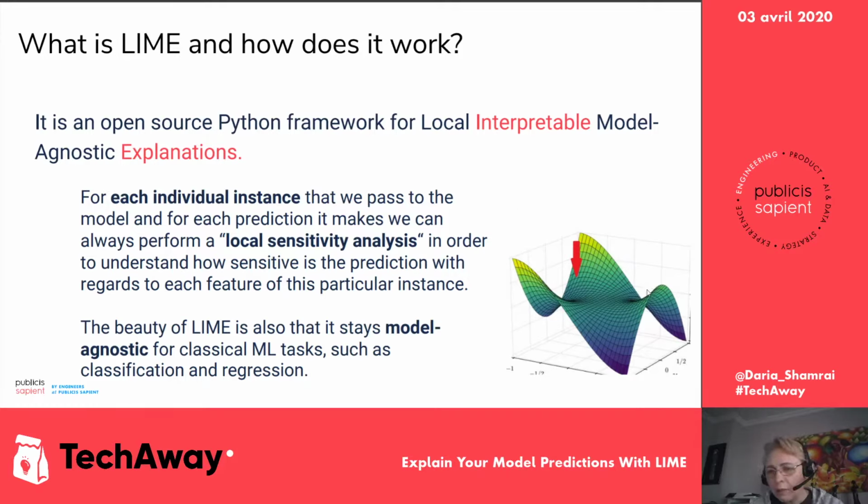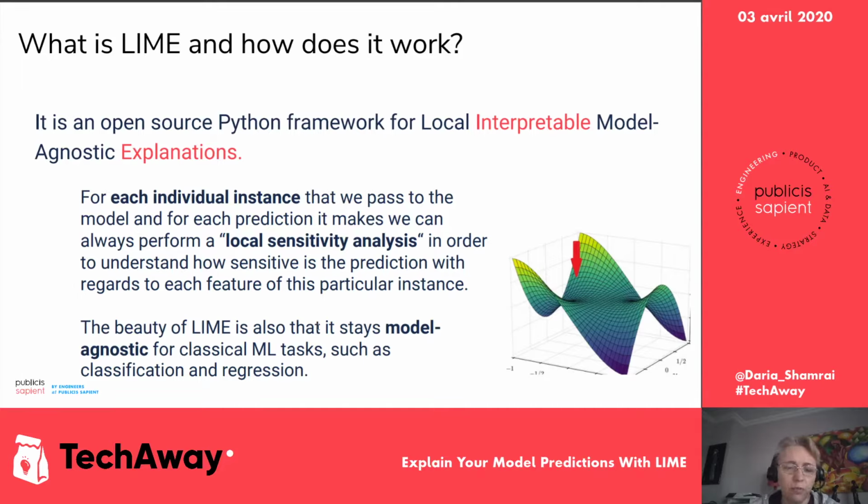I added this 3D chart, and say, for example, we want to explain the model prediction right here. We can see that if we move along one dimension, the sensitivity would be lower. If we go in the other direction and change a little bit here and a little bit there, we try to understand how it impacts the value the model predicts.